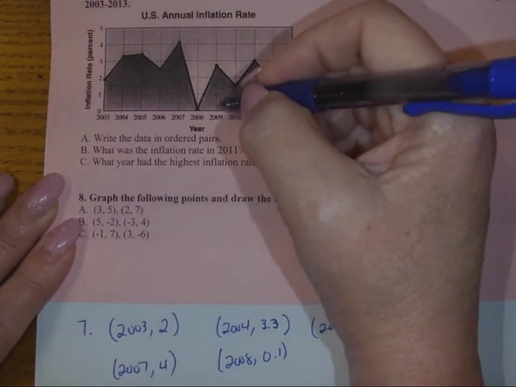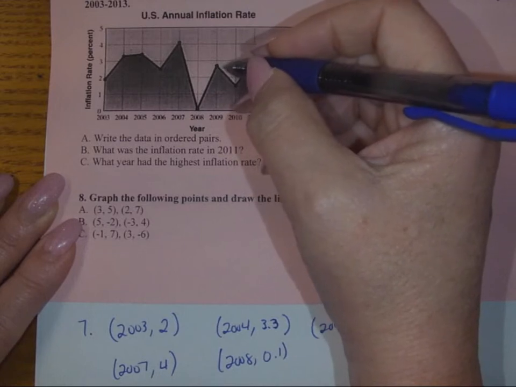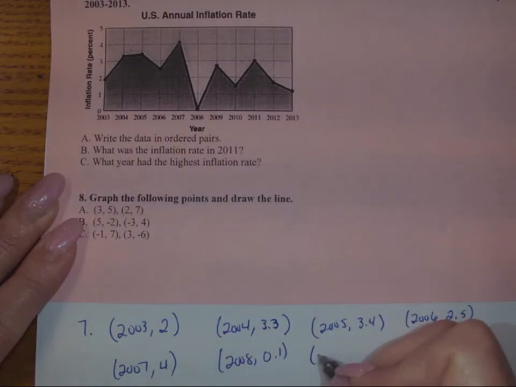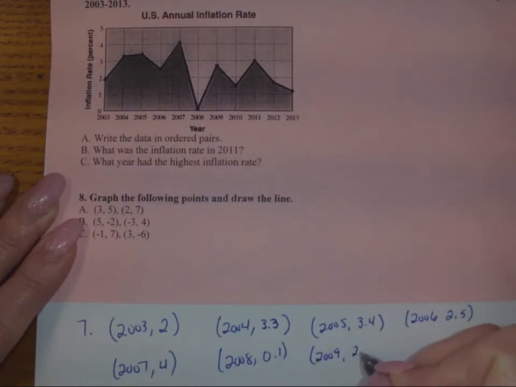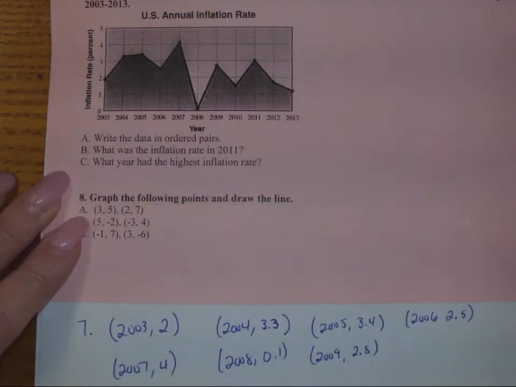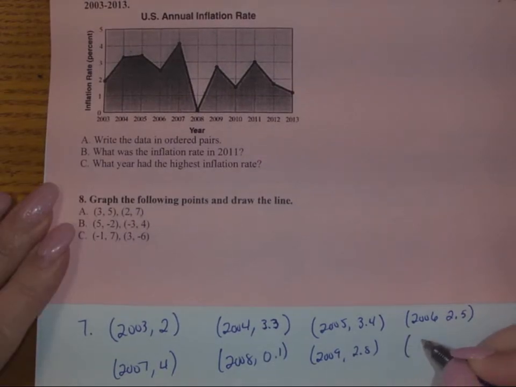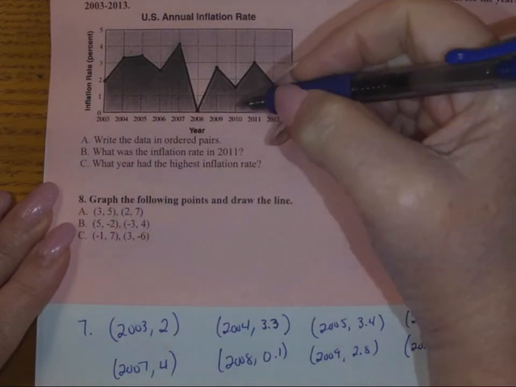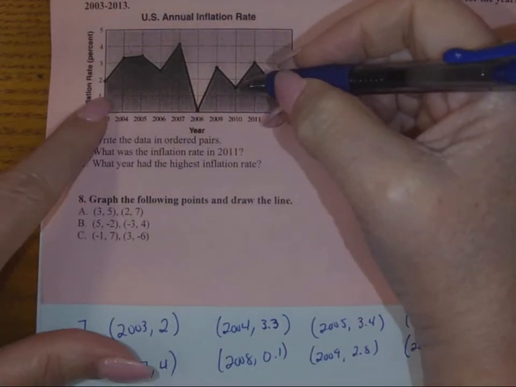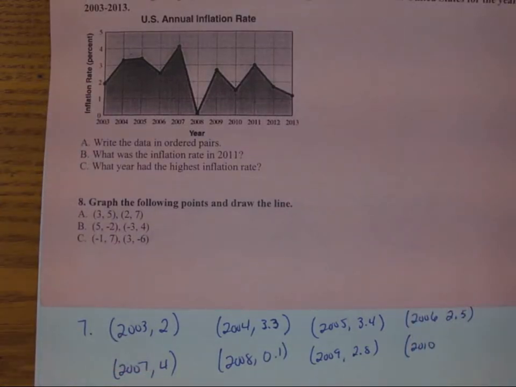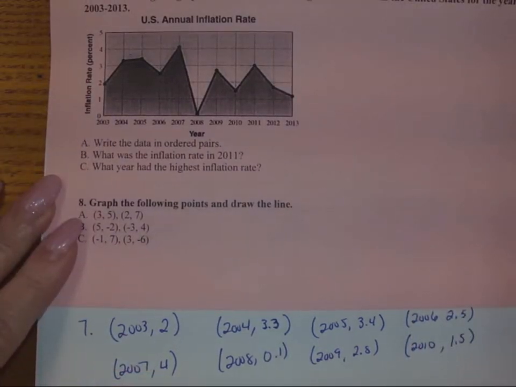In 2009, when we go up, looks like we're a little past halfway there, but we're not quite all the way. So let's go with like 2.8. Nope, that would be 3.8, right? Nope, 2.8. Sorry, I looked wrong when I went back. So 2.8. All right, then 2010. In 2010, we're a little past 1, and there's 2. We look like we're right about in the middle again, so let's go with 1.5.